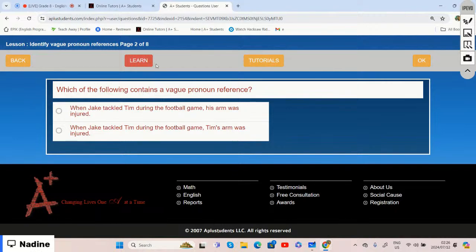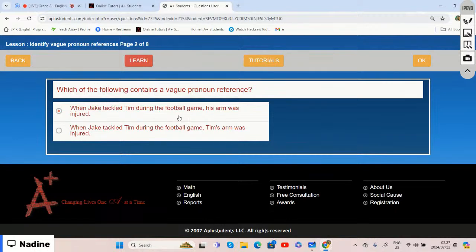All right, and if we were to choose the vague pronoun reference, we will say option one is our vague pronoun reference because it says when Jake tackled Tim during the football game, his arm was injured.